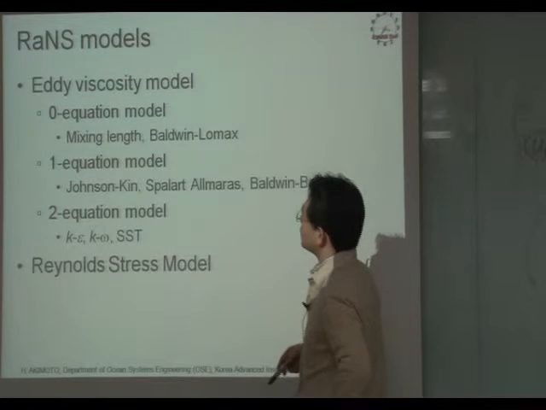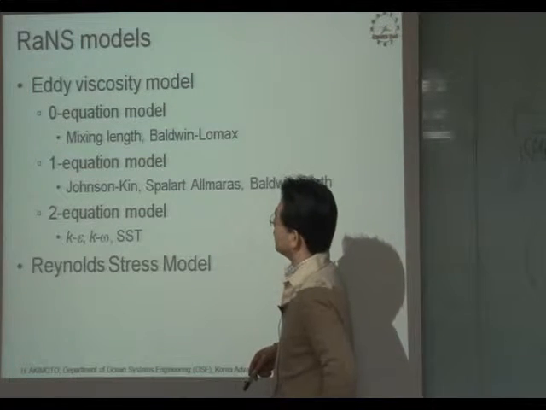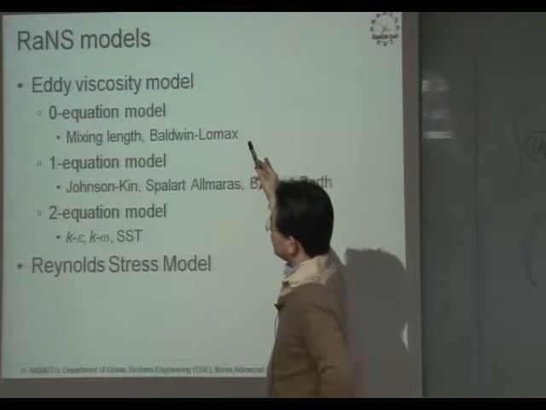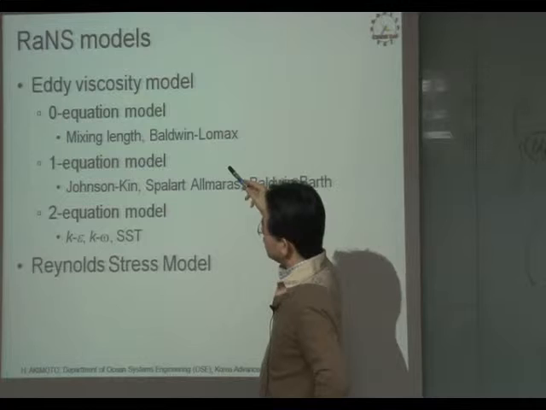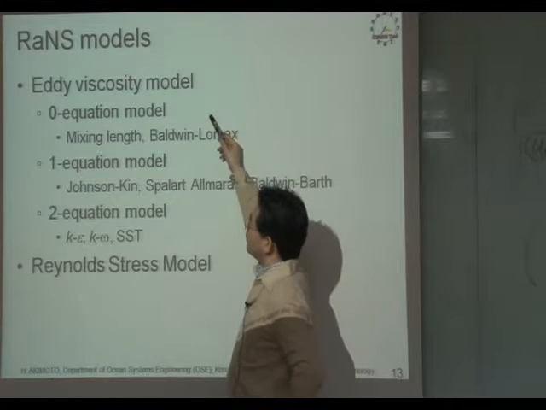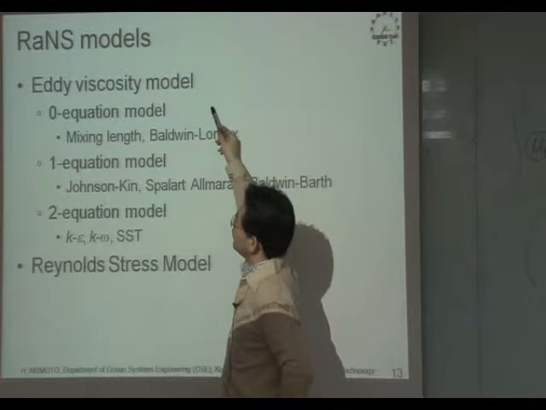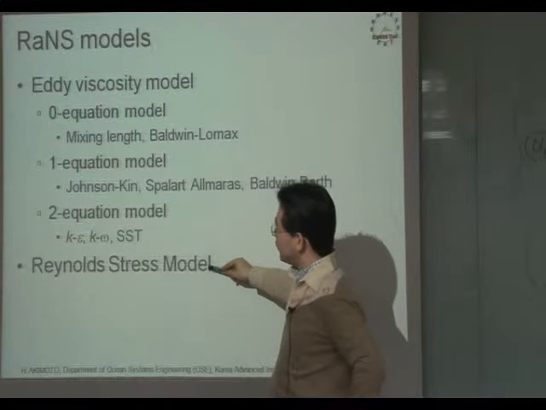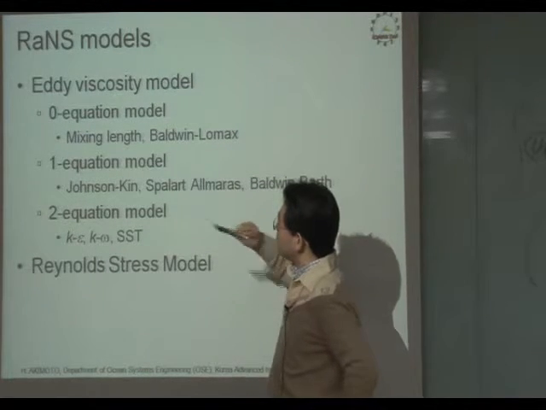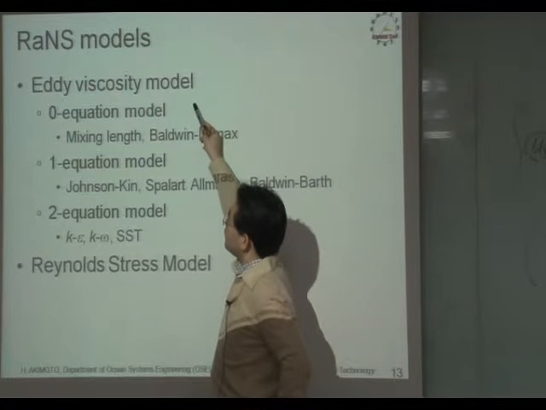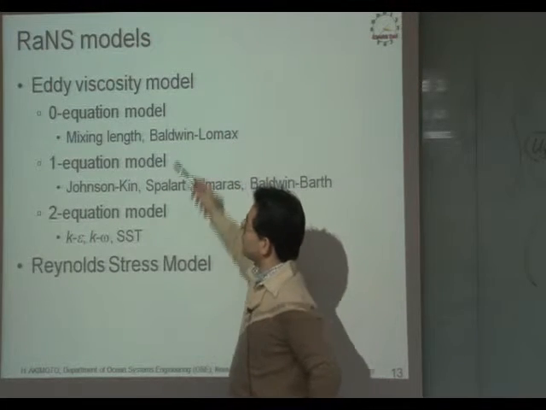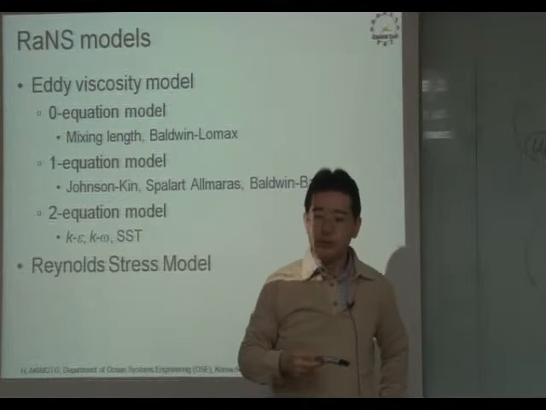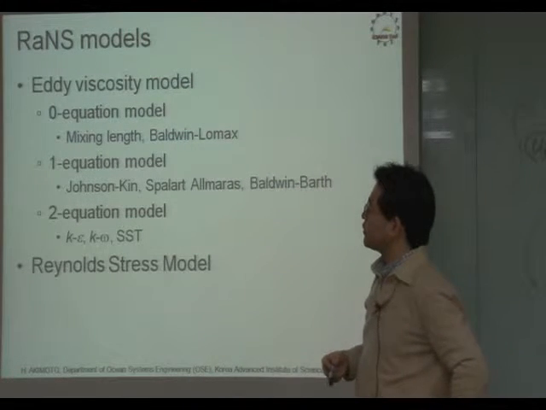I will summarize the turbulence models I showed you. In large categories, turbulence models have eddy viscosity model and Reynolds stress model. Eddy viscosity model, as in the name, determines nu T, turbulent viscosity.